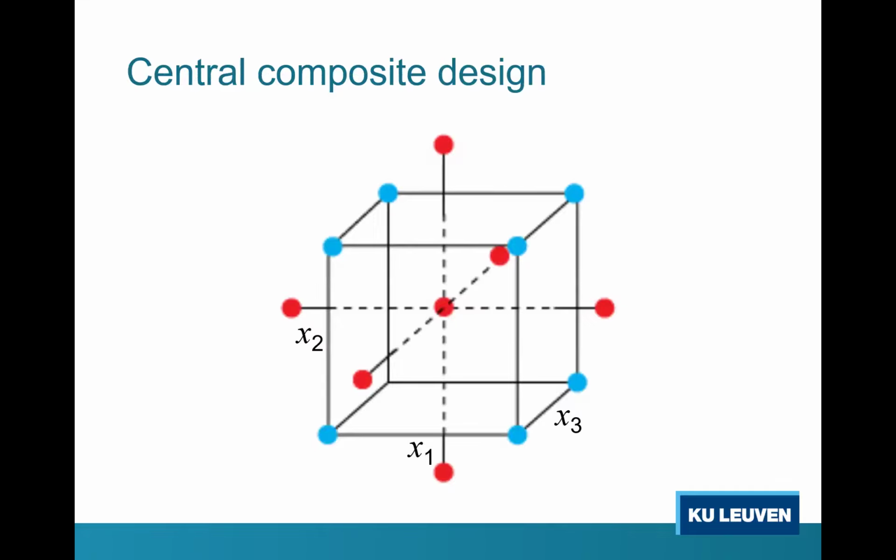And one more economical thing is a central composite design, for example. Central composite designs are already quite old, and they do not study every possible combination of the X's in your system. This is, by the way, a central composite design for 3 factors, x1, x2, and x3.